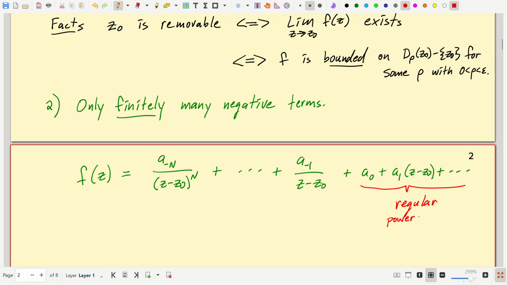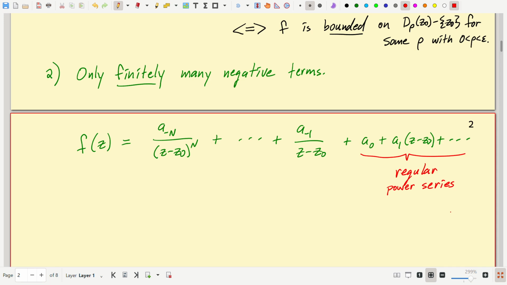So it would be analytic on the whole disk about z naught. And this is a rational function which we're going to call the principal part.